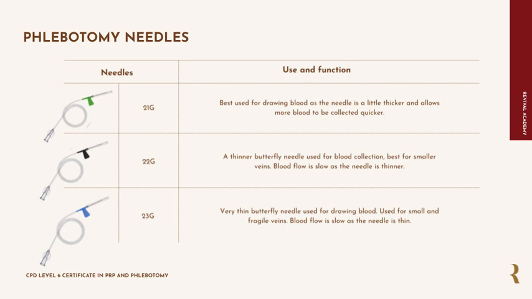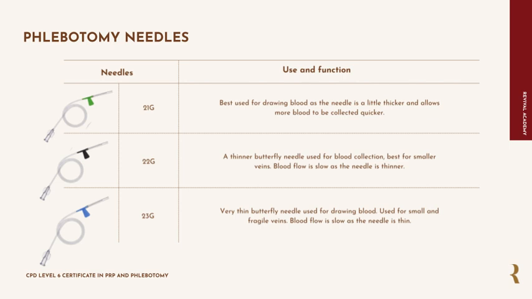Then you have a 22 gauge. The 22 gauge is a lot thinner than the 21 gauge, and this one is used for smaller veins that are fragile. Just be mindful with the 22 gauge that the blood will come out a lot slower, as the needle is thinner in comparison to 21.